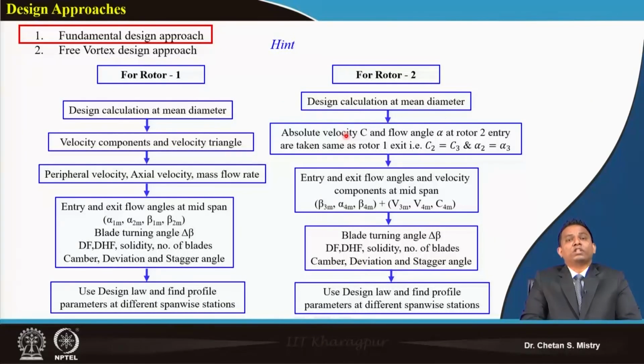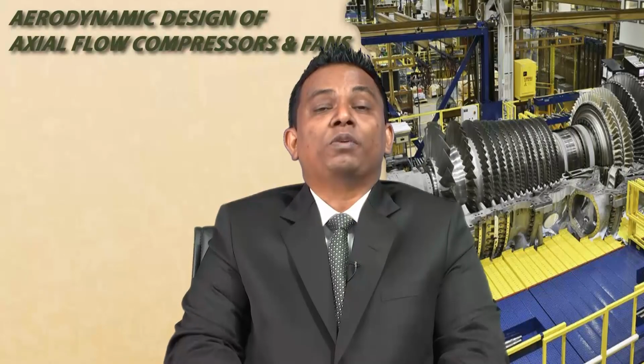Now, this is a low speed application. So, you can understand my hub diameter and tip diameter for both the rotors are the same, and that makes our life a little easy. So, we will be discussing this design in detail in the next lecture. Be with me. This is very important, what concept we are opting for needs to be understood clearly. Thank you very much for your kind attention.